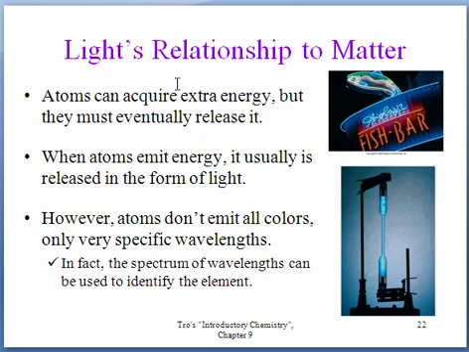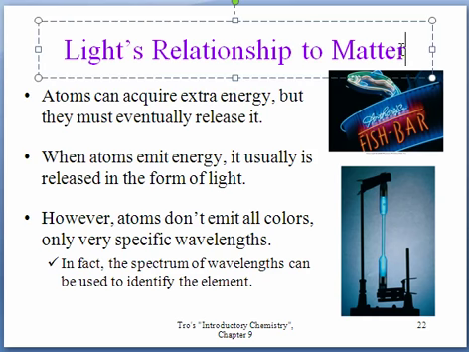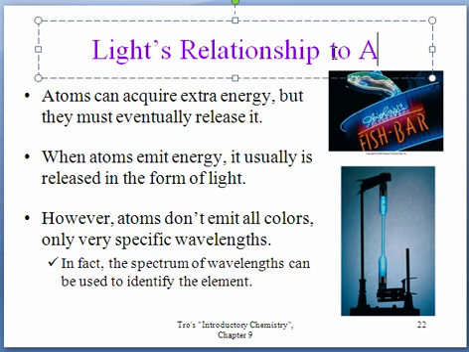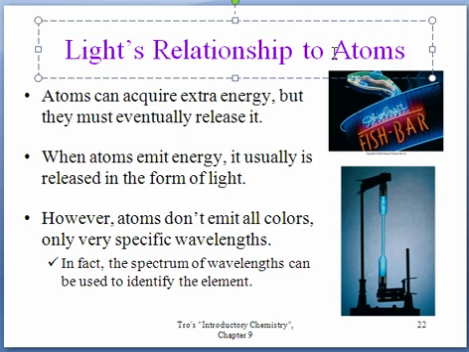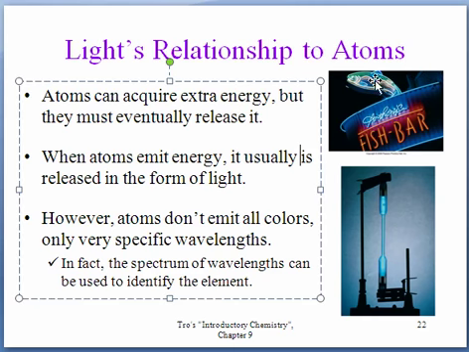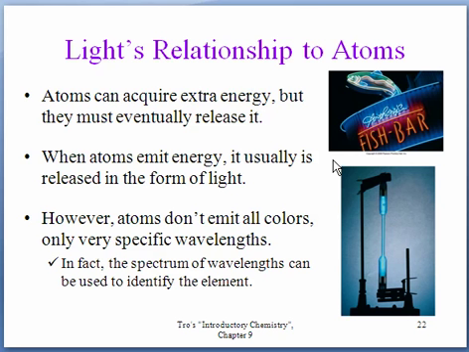Now let's look at not really light's relationship to matter per se, but light's relationship to atoms. Let's change this to atoms. So even though atoms are matter, we'll be a little bit more specific here. Atoms can acquire extra energy, but they must eventually release it.